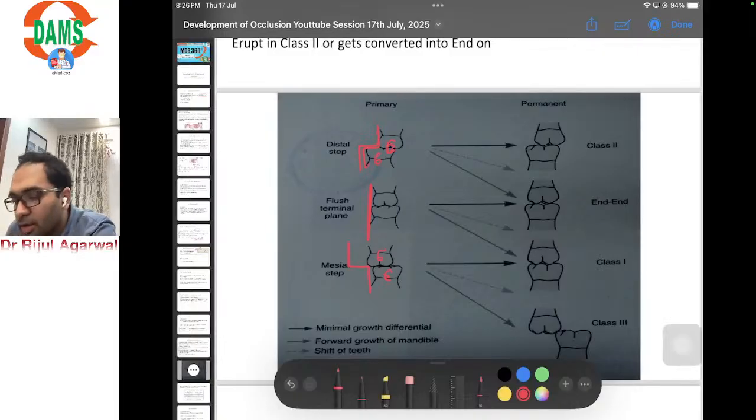So in distal step, the permanent first molar which is going to erupt behind this E will initially erupt in class 2 molar relation, and due to early mesial shift or jaw growth, it can get converted into end-on molar relation.